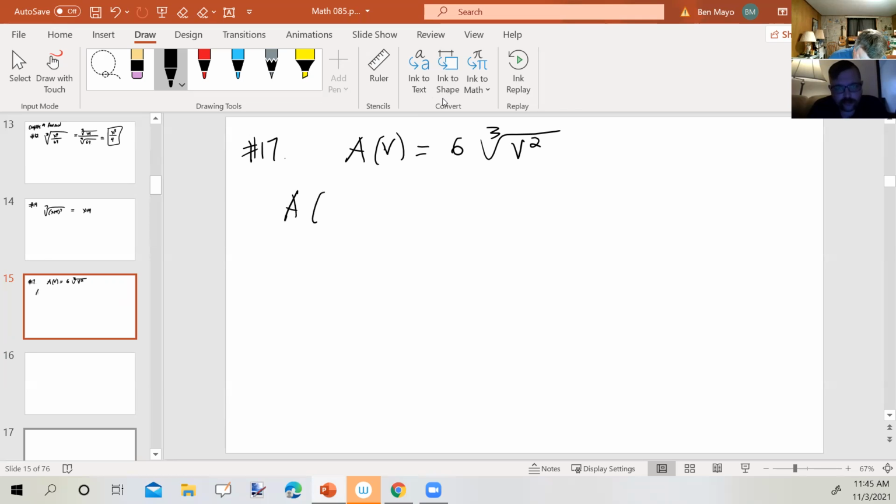So A of 64 would be 6 times the cube root of 64 squared. Okay, well, let's see here. 64 squared is 4,096.